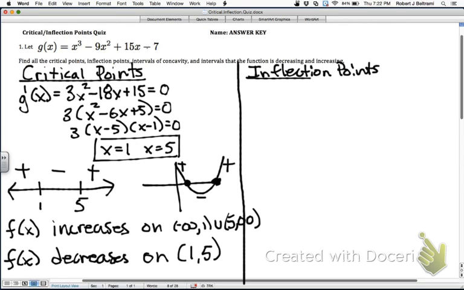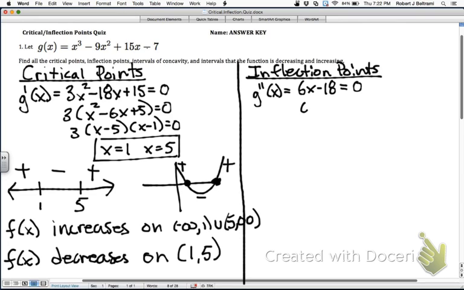In order to find the inflection points, we're going to need the second derivative of the function. To find the second derivative, we just take the derivative of the derivative. So using our power rules again, we get 6x minus 18. So our inflection points happen when the second derivative is equal to 0.